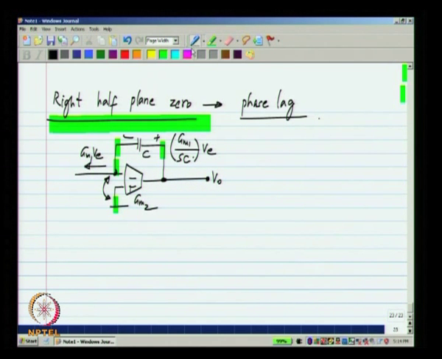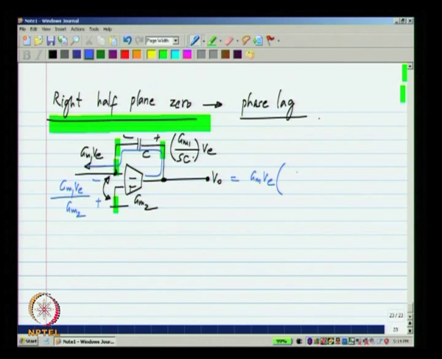So, this current GM1 VE passes through the capacitor and has to come out of the transconductor. If it has to come out of the transconductor, across this there must be a voltage which is equal to the current through the transconductor divided by the transconductance value, which is GM2.